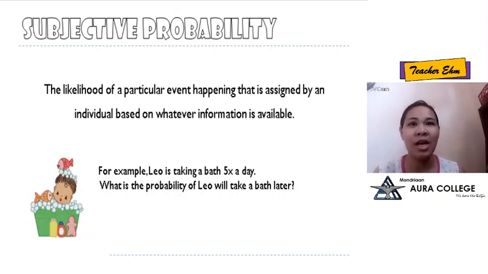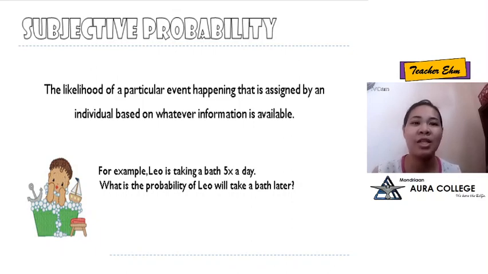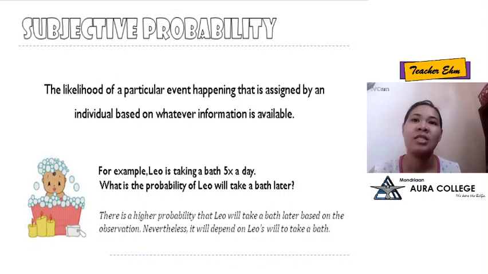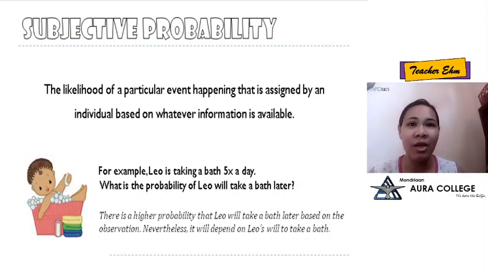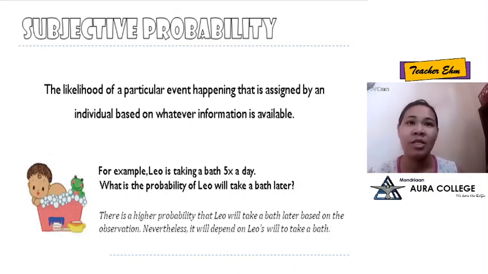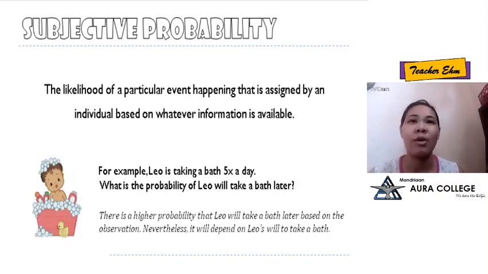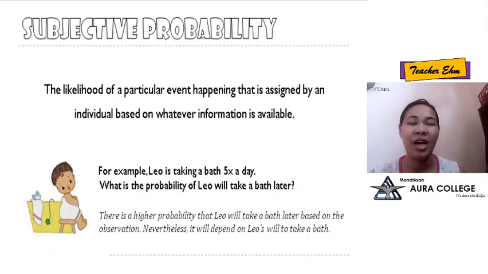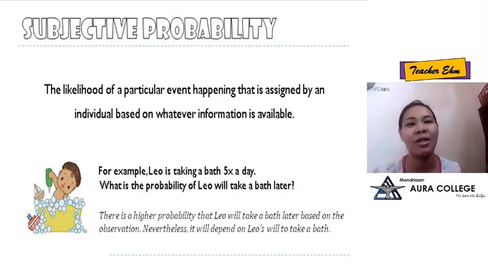Based on our available information, or based on the observation, there is a higher probability that Leo will take a bath later. Nevertheless, it will depend on Leo's will to take a bath. So, nakadepende pa rin kay Leo kung gusto niya bang maligo mamaya o hindi.